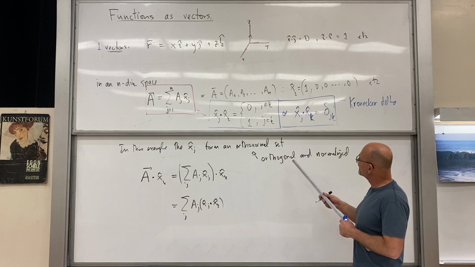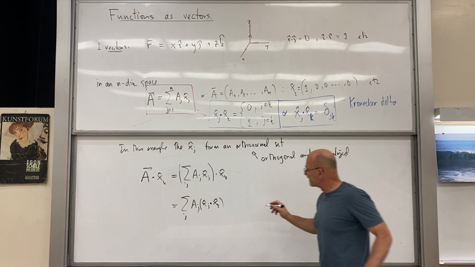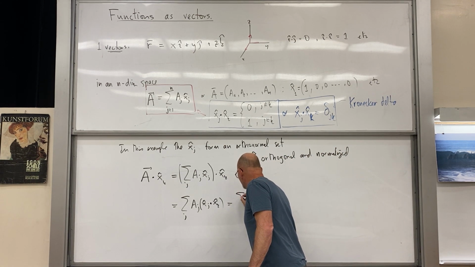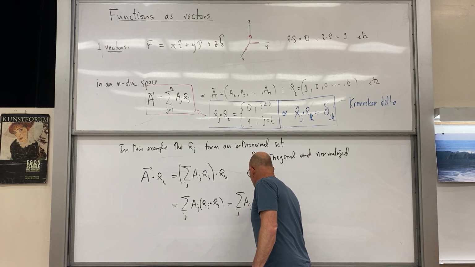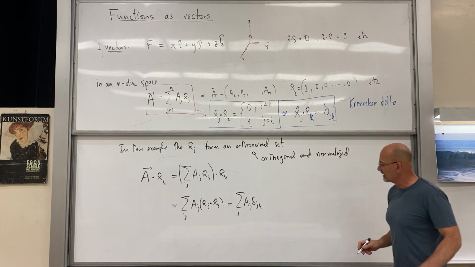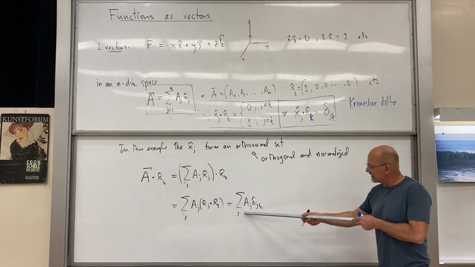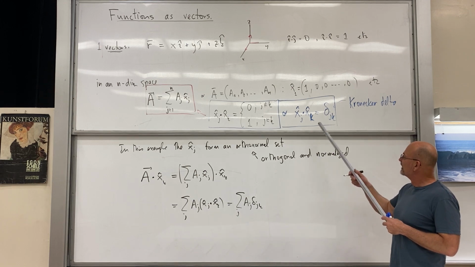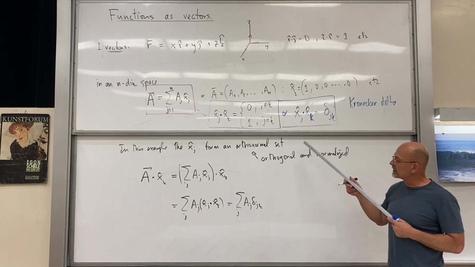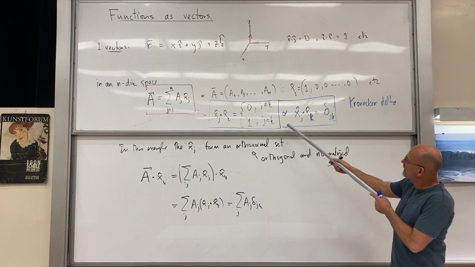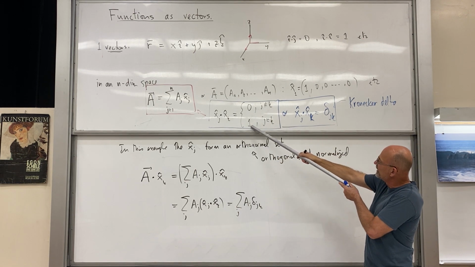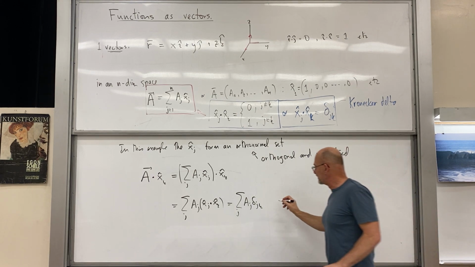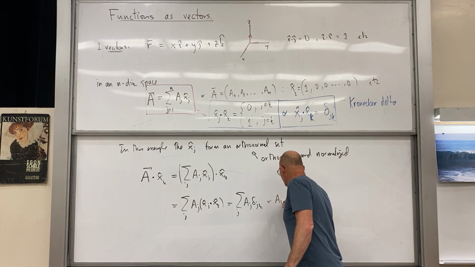And there's that Kronecker delta, so we'll even write that for the formalism, sum over a sub j delta jk. Well, there's only one of these a sub j's that's going to survive here, because delta jk is equal to 0 when j is not equal to k. So only that one survives, and that is equal to a sub k.